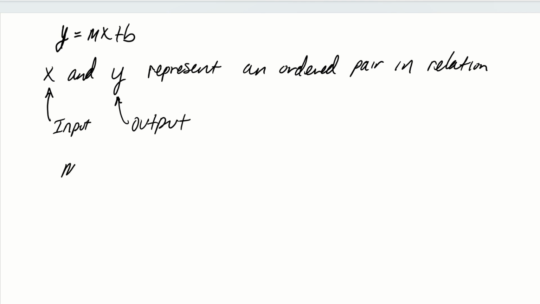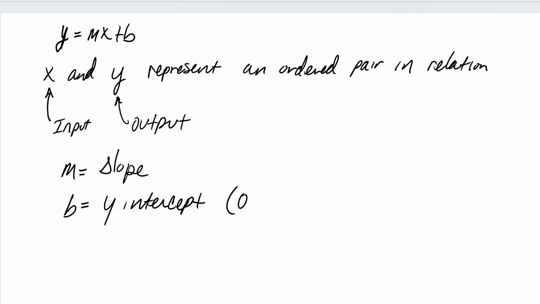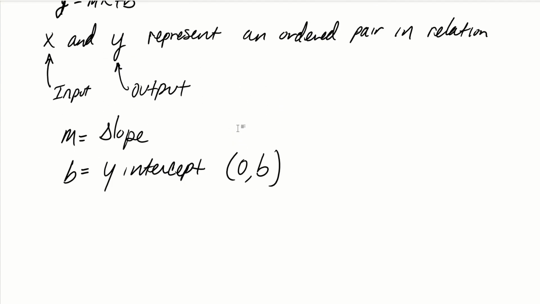Okay, m is the slope and b is the y-intercept. And it's going to be represented with the point where x is 0, y is going to be b. So let's look at a specific example.